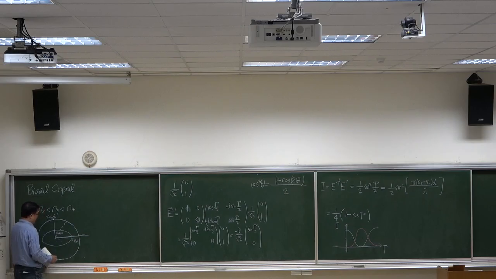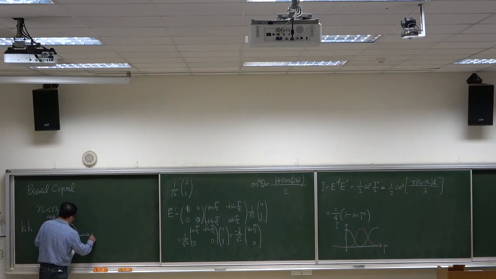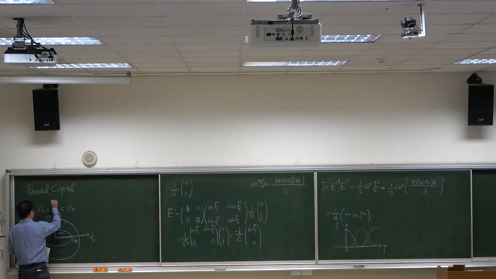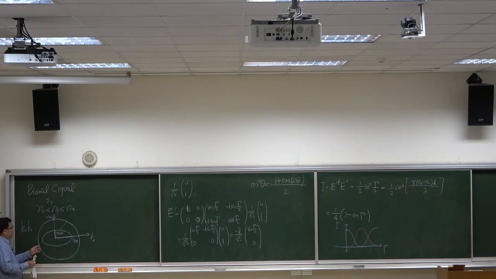Okay, and if you have the B vector along the X direction, here this is the X direction, here this is the Y direction. If you have the wave vector along the Y direction, but the E vector and B vector along the X direction, then this corresponds to this point, which means the refractive index now is equal to nx.